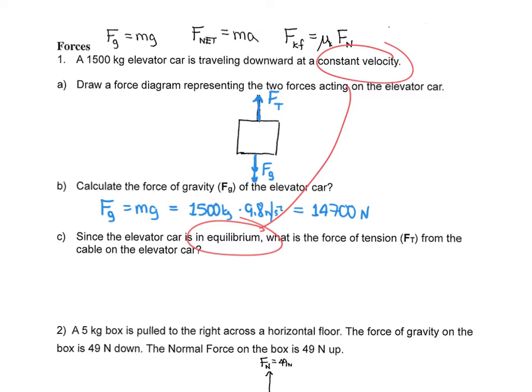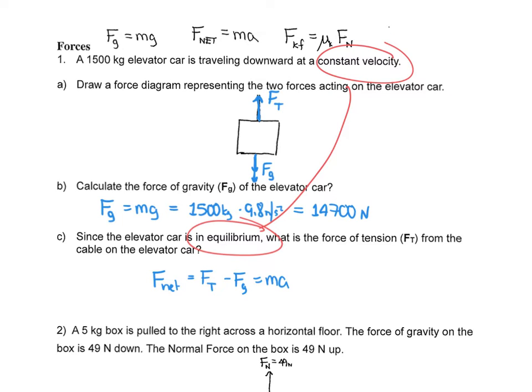So yeah, that's what constant velocity means. It means our net force is going to be equal to 0. So if I do that right here, a net force, right, that's the force of tension upwards minus the force of gravity down. And since net force is mass times acceleration, since we're not accelerating, it says constant velocity, right?